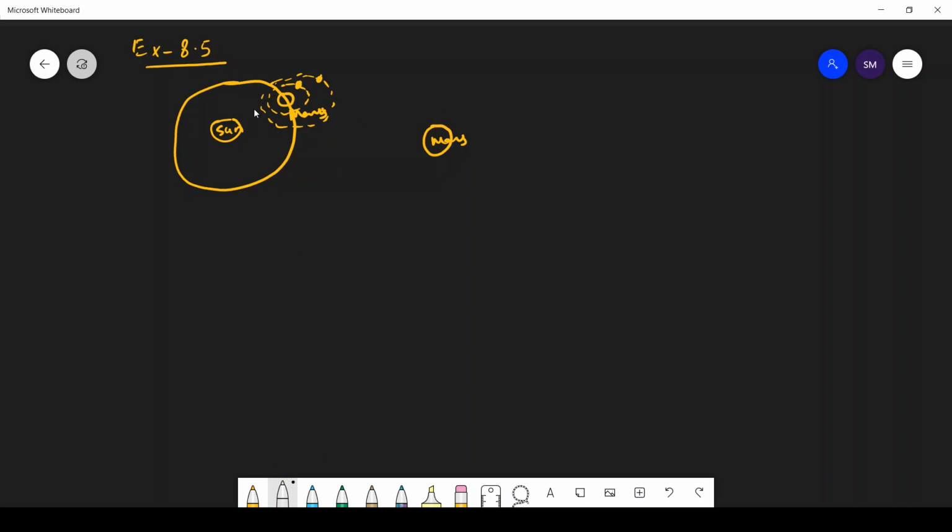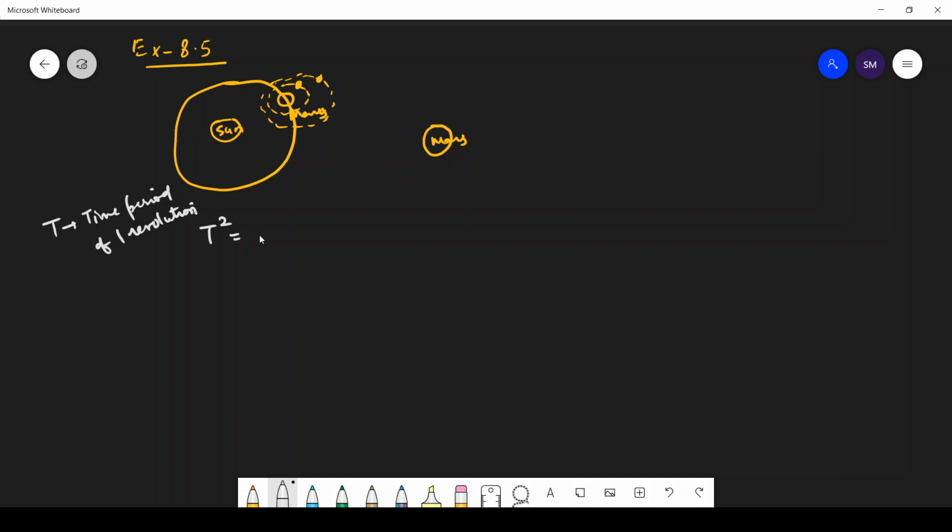So students, now the formula that I have for the time period of revolution, this T is the time period of one revolution of the orbit.